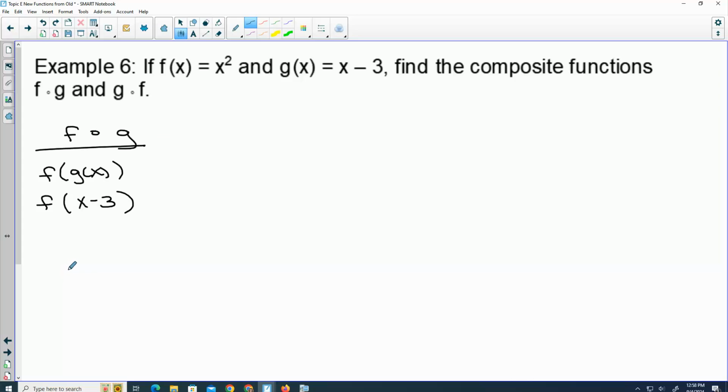So function f is whatever we plug in squared. So the x minus 3 goes in. How would we square that? We get x squared minus 6x plus 9.